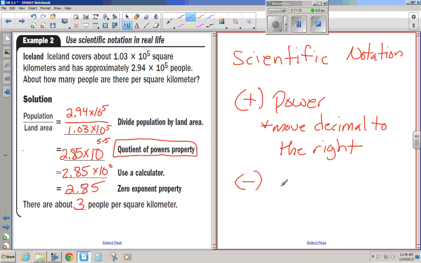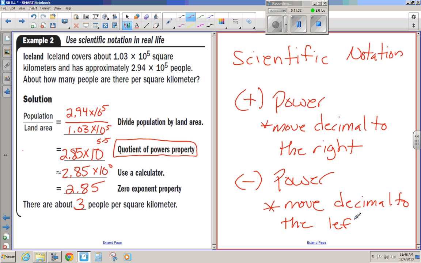For a negative power, move the decimal to the left. I'm going to add in here: positive power means bigger number. Negative power means smaller number.